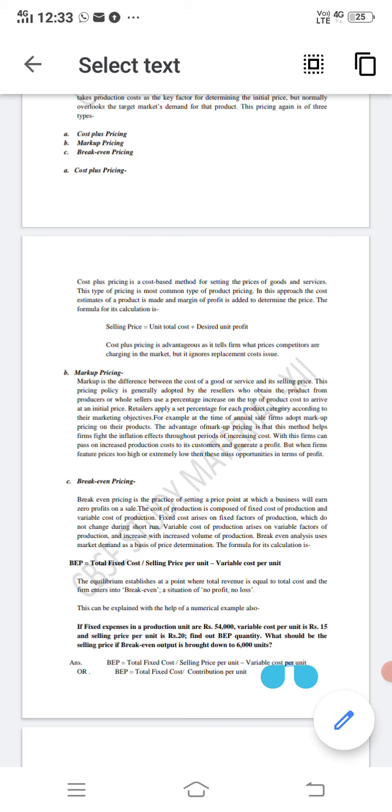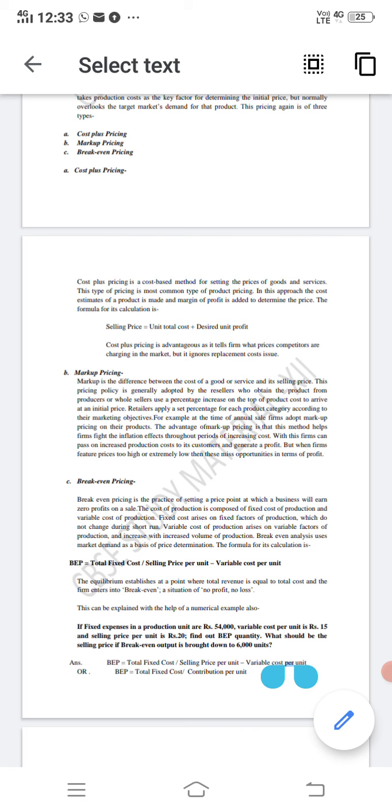So break even analysis uses market demand as a basis for price determination. The formula for its calculation is BEP equals total fixed cost divided by selling price per unit minus variable cost per unit. The equilibrium establishes at a point where total revenue, meaning after sale profit, is equal to total cost.